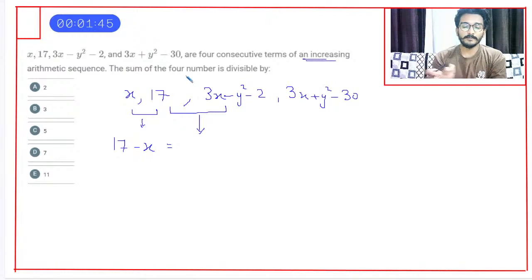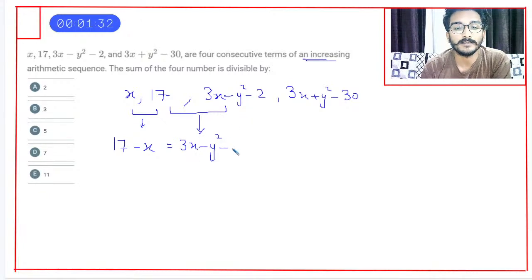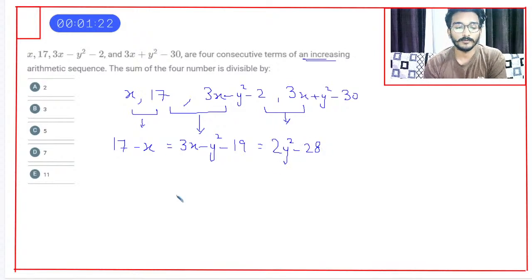If this is in increasing order, going towards the right, the values are increasing. So I'm subtracting the left from the right part, and if I subtract this, it is 3x minus y square minus 19, and if I subtract these two terms, this is getting cancelled. It is 2y square minus 28. So let's just make them the same.